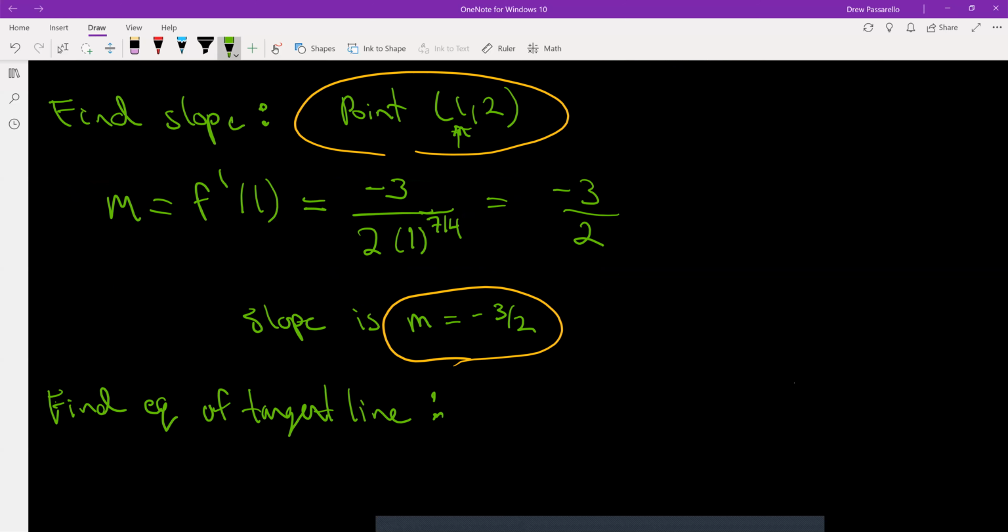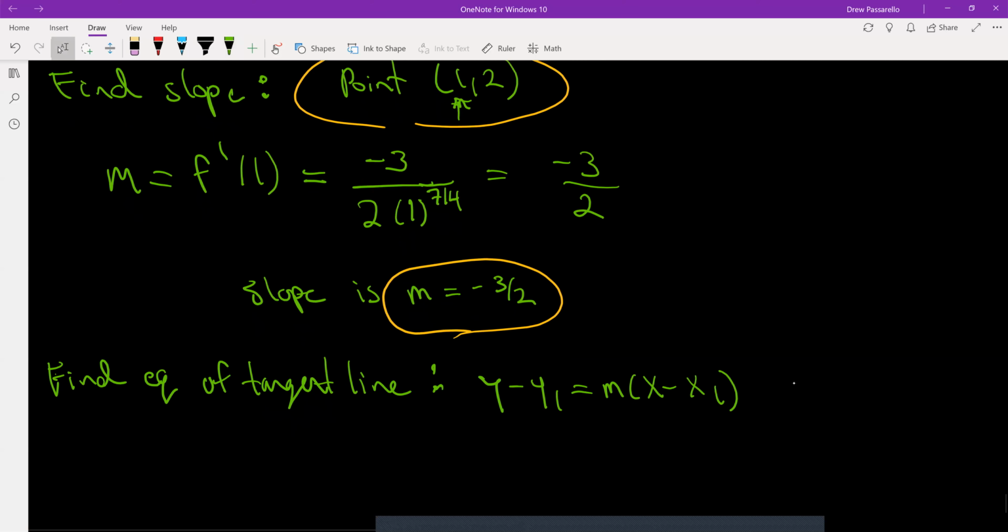Point slope form is y minus y1 equals m times x minus x1. And so I just plug in the coordinates of the given point for x1, y1. And so it's going to be y minus 2, since that's the y coordinate of the given point, equals -3/2, and then parentheses x minus the x coordinate of the given point, x minus 1.